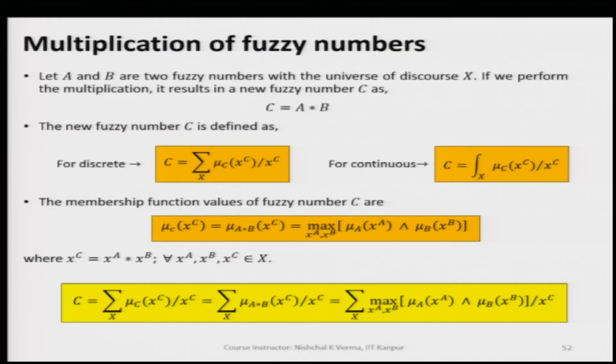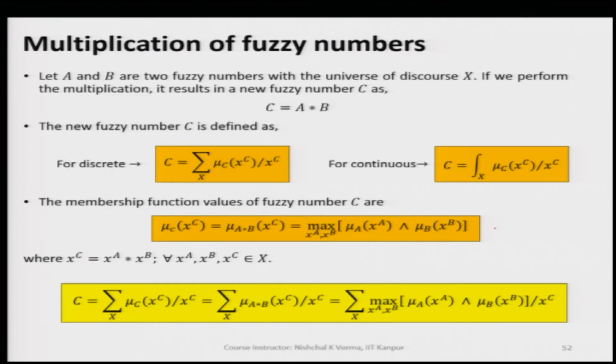Once again I would like to mention that when we say fuzzy number, it means it is a fuzzy set which is satisfying both the properties, the convexity as well as the normality. So, when we say here A and B both are fuzzy numbers, it means both the sets A and B are normal fuzzy sets as well as convex fuzzy sets.